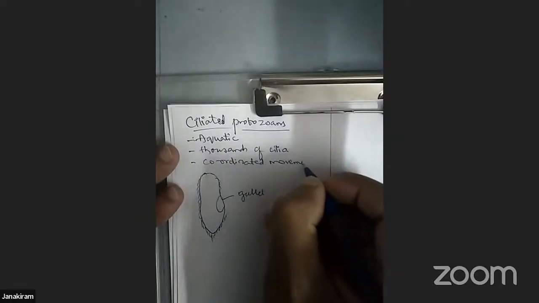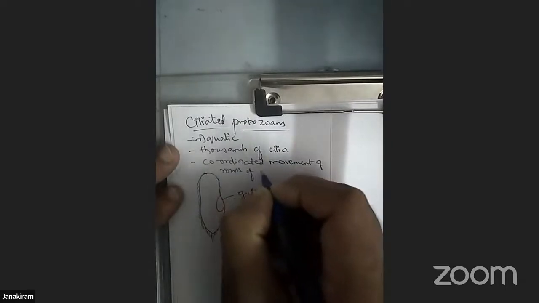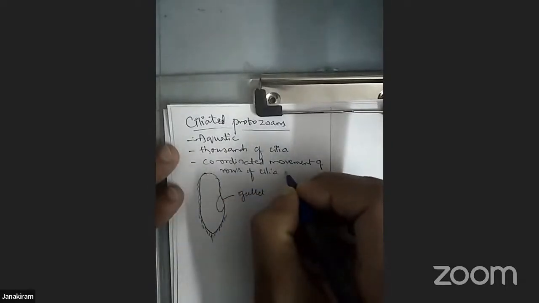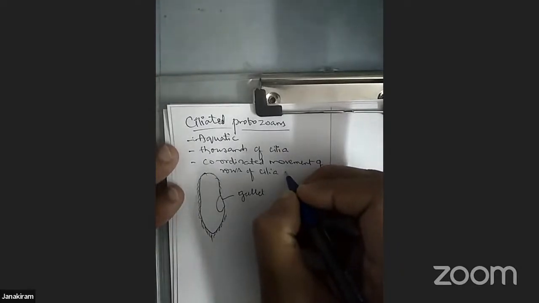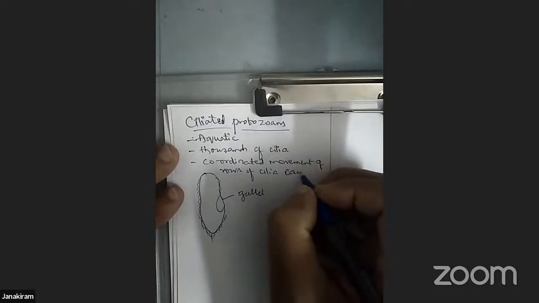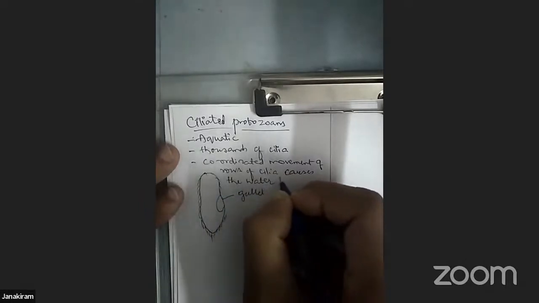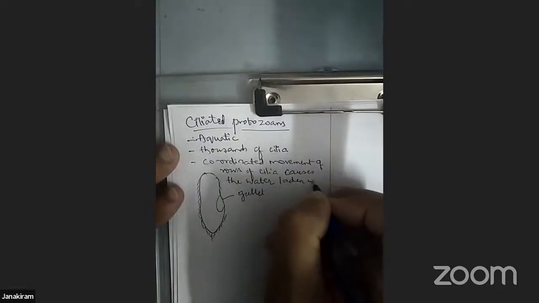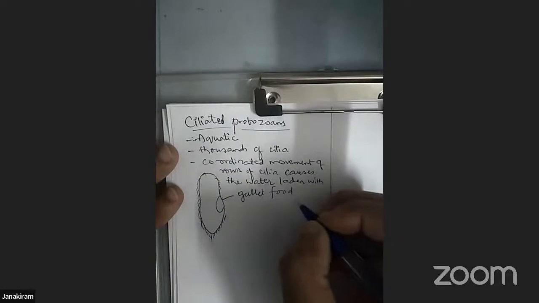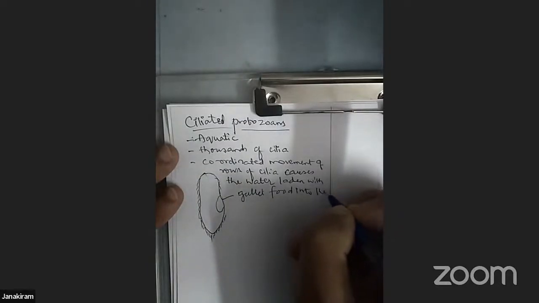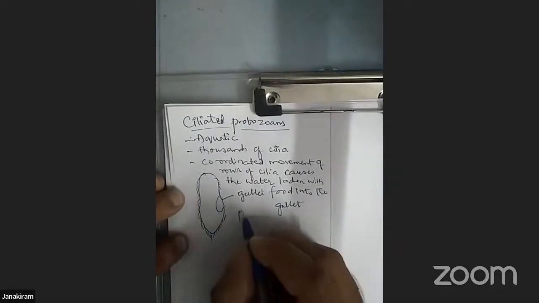Coordinated movement of rows of cilia will cause the water laden with food materials to enter into the gullet. Okay, so the example for this one is, as said, Paramecium.